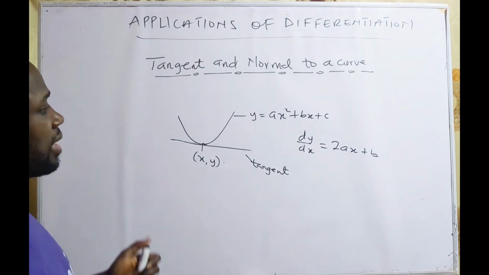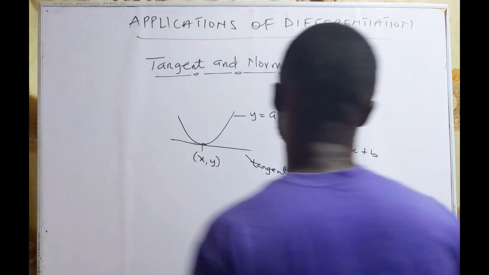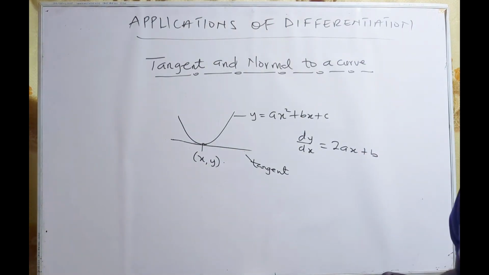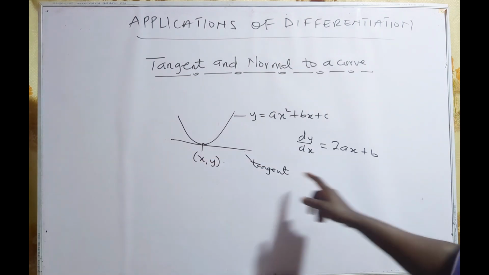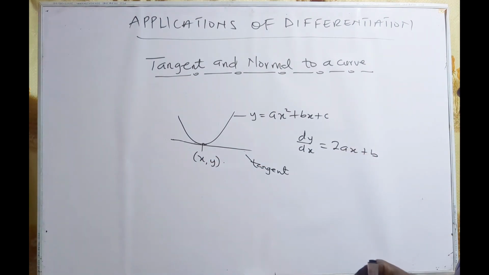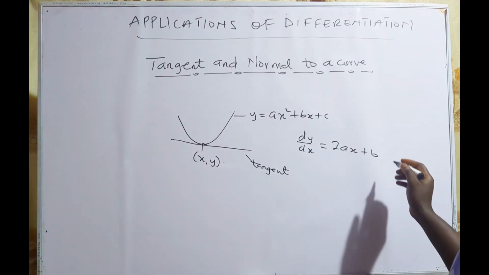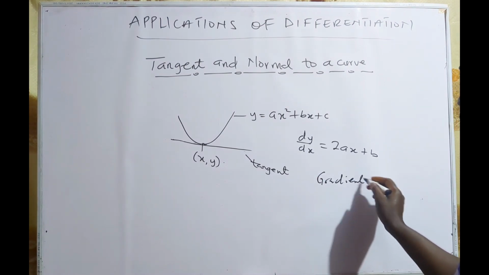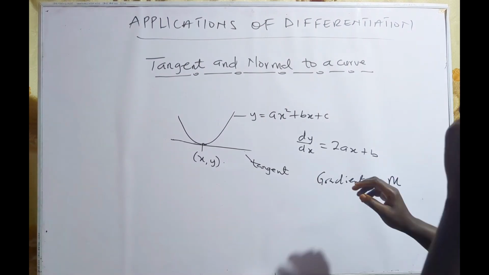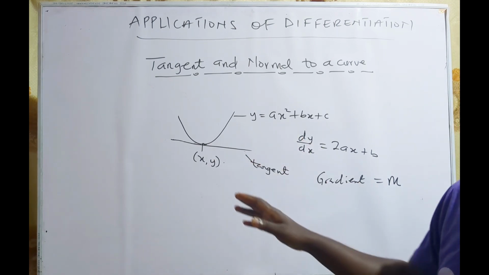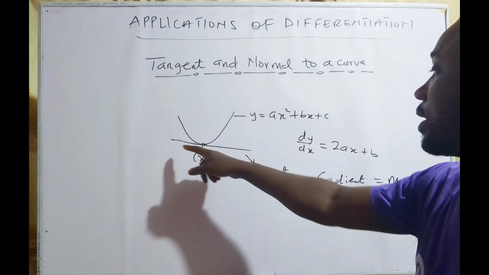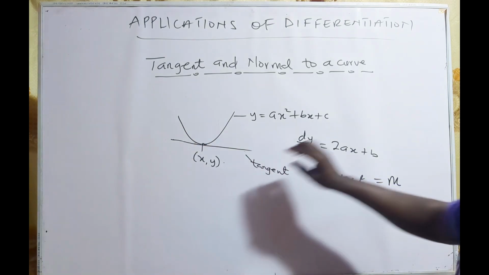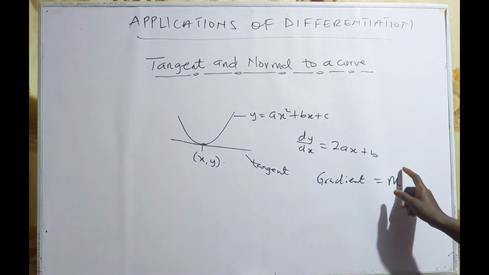So I've gotten my gradient, after substituting the value of x into this particular function. Let's say the value I get for the gradient of the tangent, after I have substituted the point into the gradient function, is m.